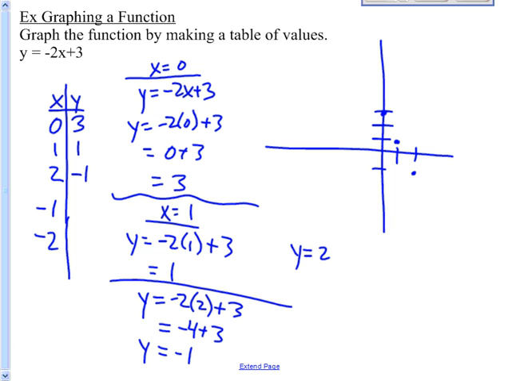Let's go to the left now, negative 1. y equals negative 2 times negative 1 plus 3. Oops, I did something wrong there, sorry. Negative 2 times negative 1 is positive 2, plus 3 is 5. Negative 1, 5. And we go negative 2, 7, and so on.